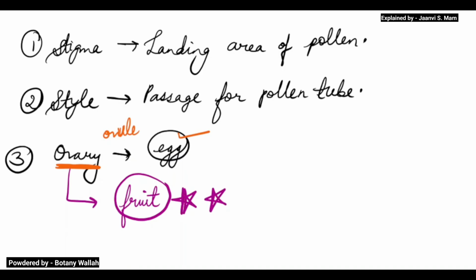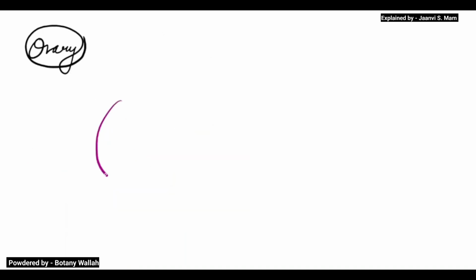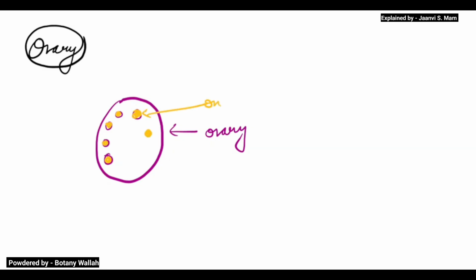If I draw the ovary, inside this is the ovary, and the ovary possesses these ovules, which I am shading with yellow. These are nothing but ovules.